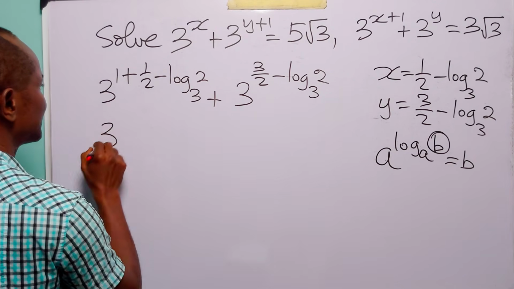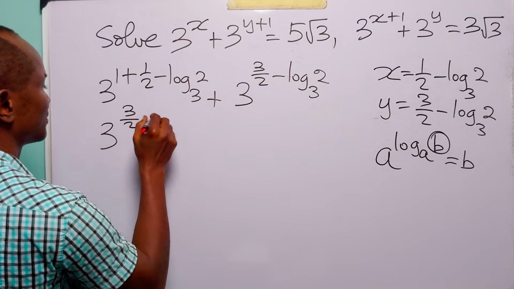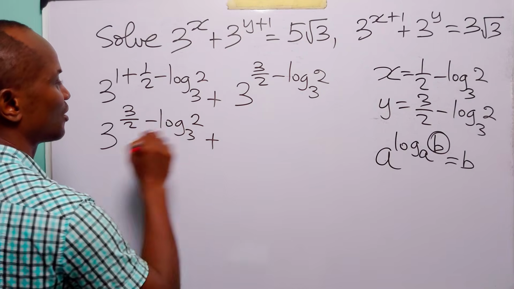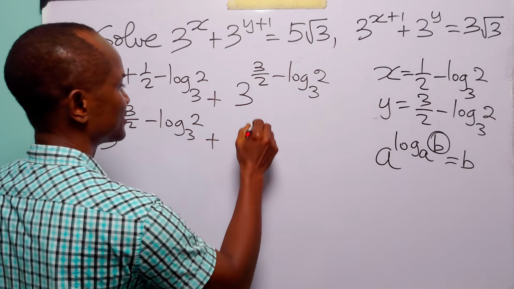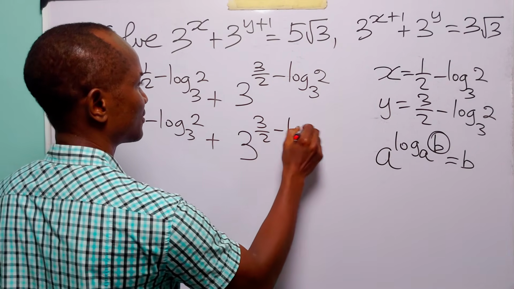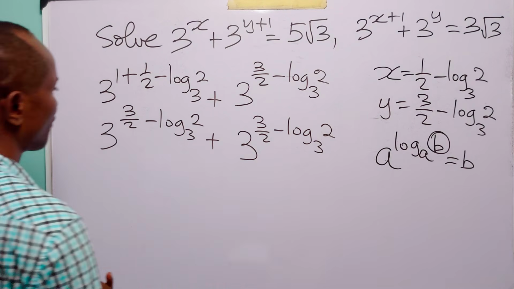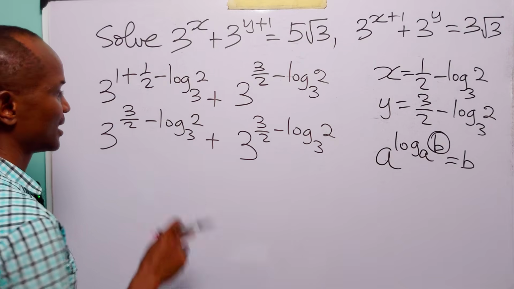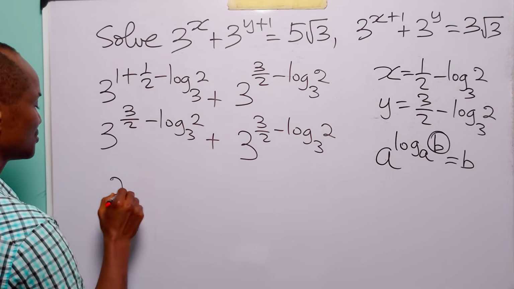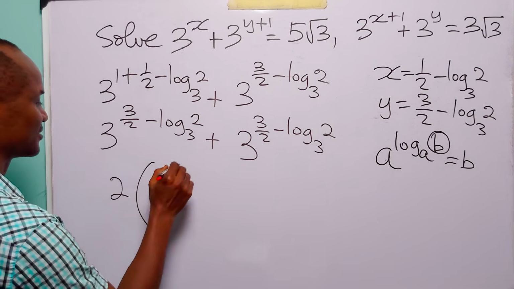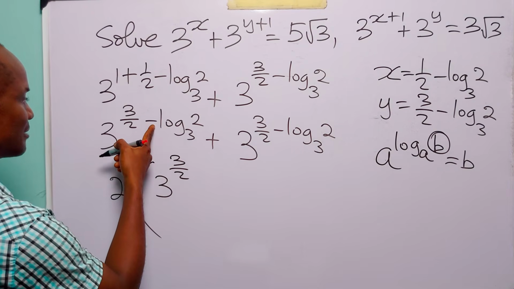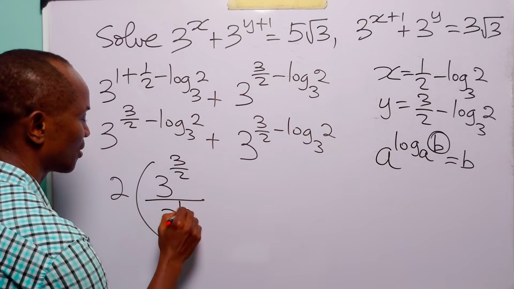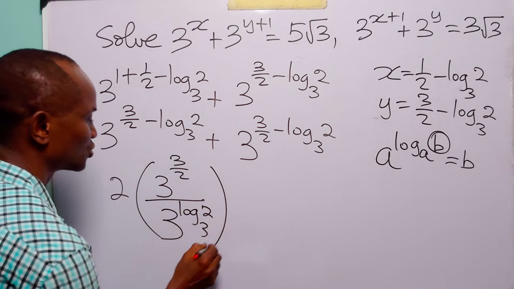So here we have 3 to the power 3 over 2 minus log to base 3 of 2 plus 3 to the power 3 over 2 minus log to base 3 of 2. Now notice that here we have exactly the same thing twice. So we can write this as 2 times 3 to the power 3 over 2, and because of this subtraction, divided by 3 to the power log to base 3 of 2.